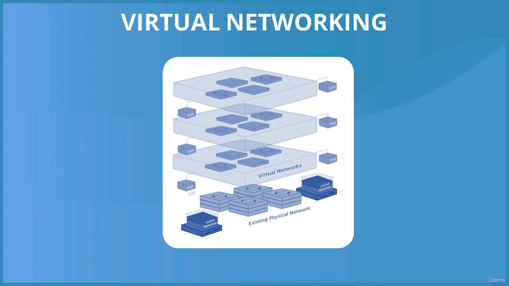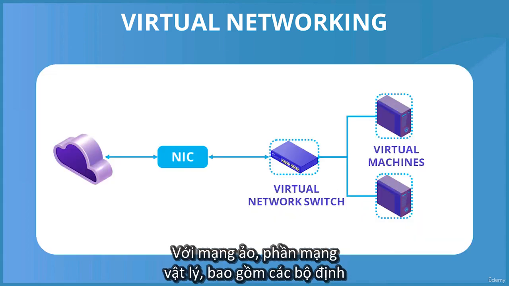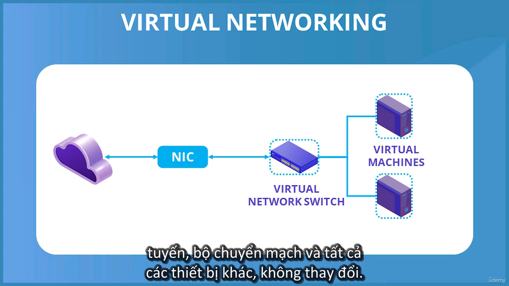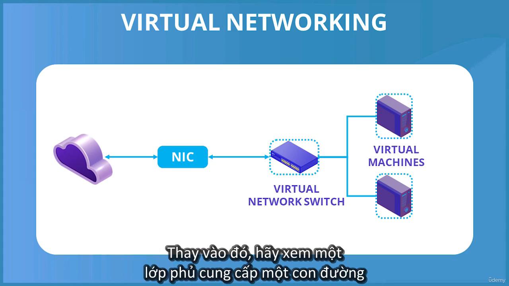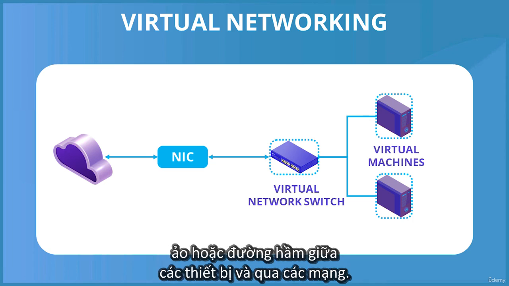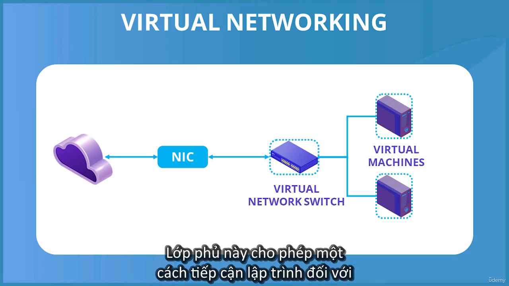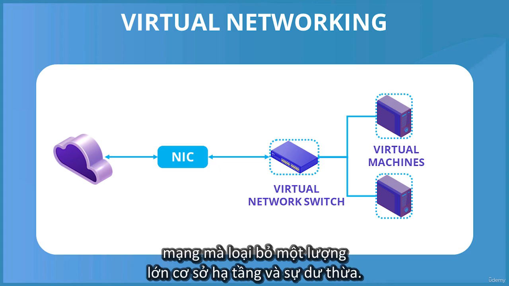Sound good? Well, with virtual networking, the physical networking part, which comprises the routers, the switches, and all the other devices, doesn't change. Instead, see, an overlay provides a virtual path or tunnel between devices and through networks. This overlay enables a programmatic approach to networking that eliminates a tremendous amount of infrastructure and redundancy.